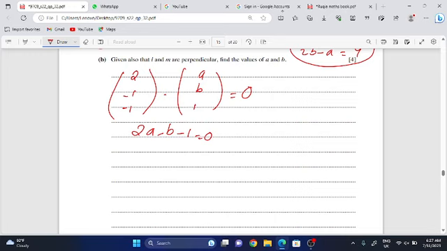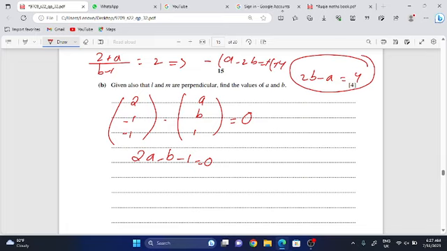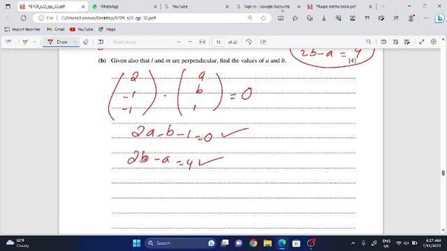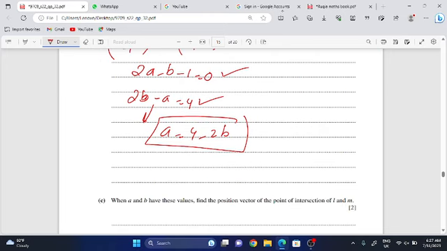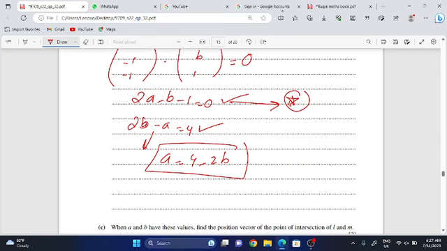Yeah, I know that 2b minus a is equal to 4, right? I know this result from the a part. So from this equation, a is equal to 4 minus 2b. So in the equation marked with a star, put back the value of a and do the simplification.